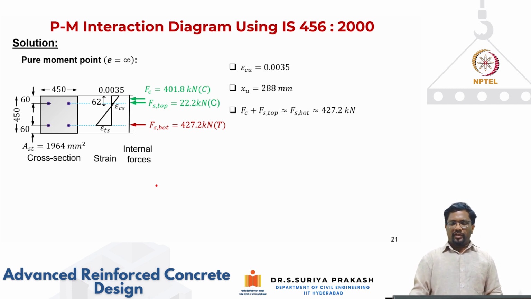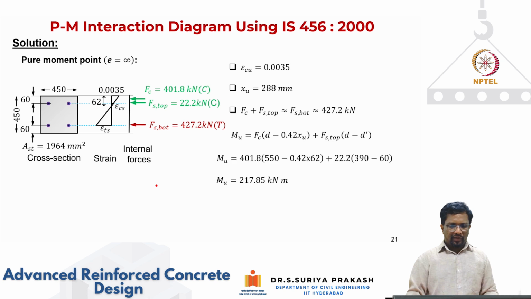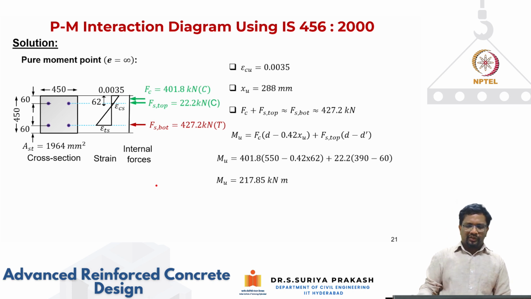So now I go back and calculate for this. Let's see what forces we are getting: 427.2. So with 62, the equilibrium condition is nearly satisfied. Now I'm taking moment about the centroid, right? Now we are talking about pure bending, so I can take moment about any axis.